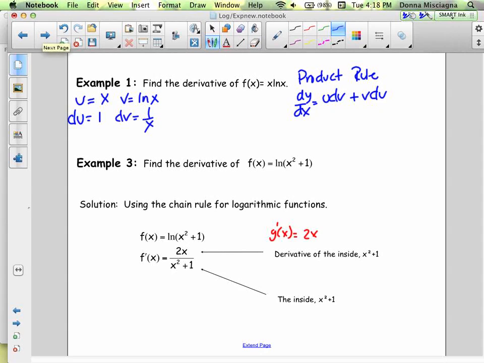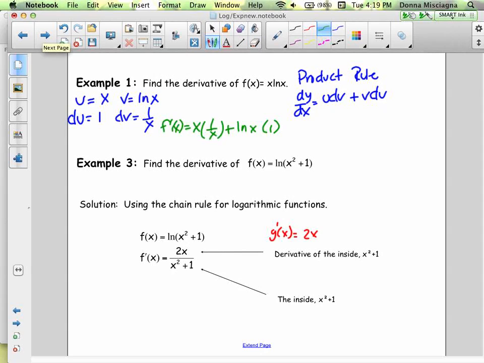All right, so let's get our derivative here. We have f prime of x is equal to the first, which is x, times the derivative of the second, which is 1 over x, plus the second times the derivative of the first.